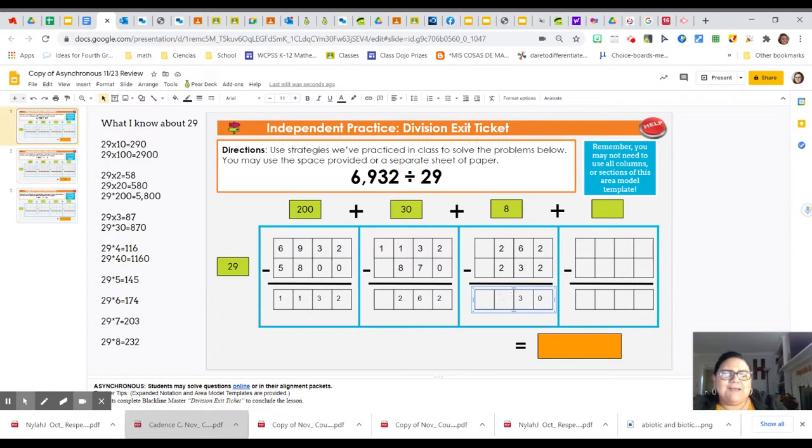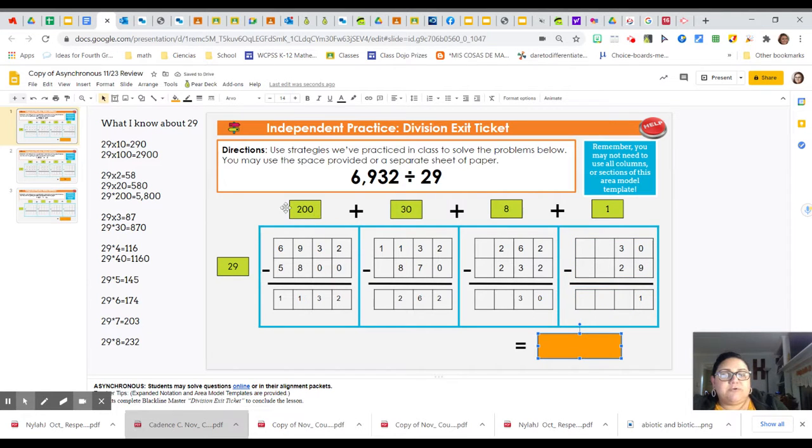And my question is, how many groups of 29 are there in 30? Well, just one. So 1 times 29 equals 29. So we will go ahead and subtract 30 minus 29, and that equals 1.